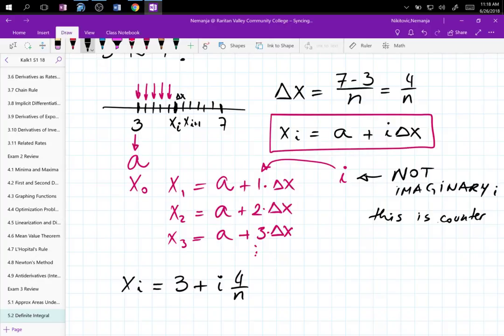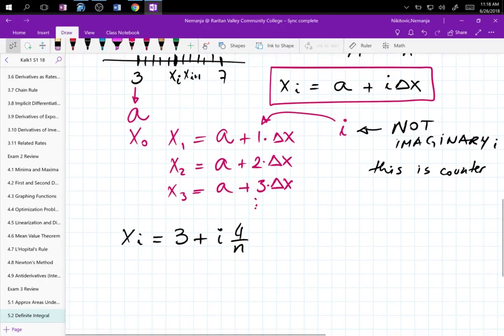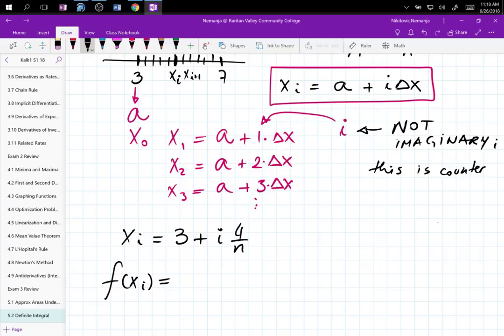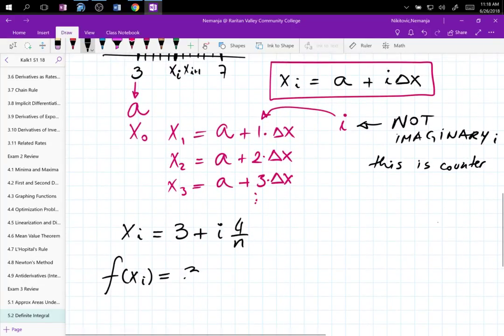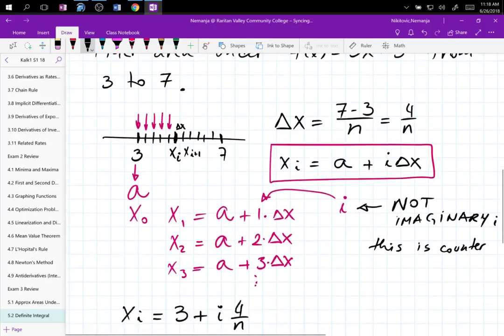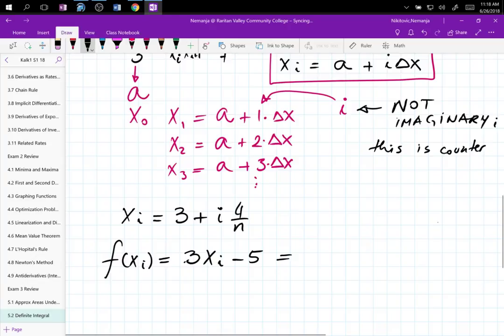And it goes on. So now that I have xi, I can finally compile f of xi. Now my f is given as 3xi minus 5, I believe. Yep, 3xi minus 5. So this works out to be 3 times (3 plus i times 4 over n) minus 5.